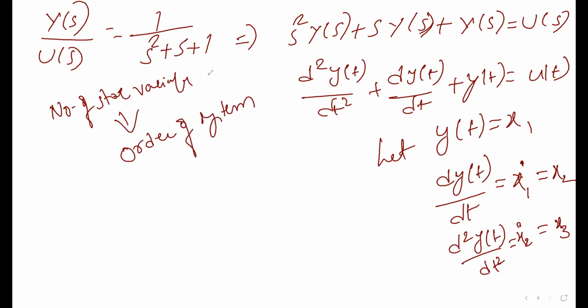What is the order of the system? 2, sir. 2, right? Then how many state variables are present? 2, sir.